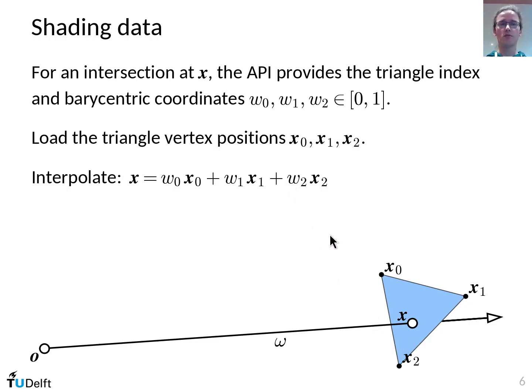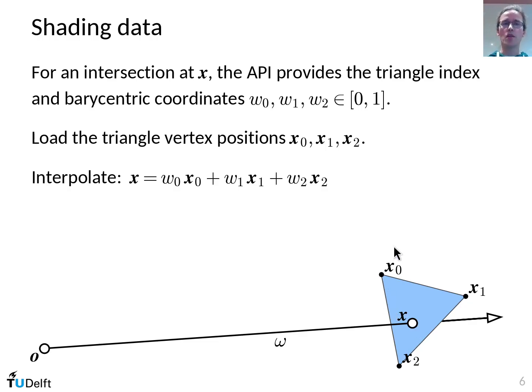That means when we have the three vertex positions of this triangle, then we can use these three barycentric coordinates to construct a linear combination of these position vectors. And out of this, we will then get exactly the intersection point between the ray and the triangle.